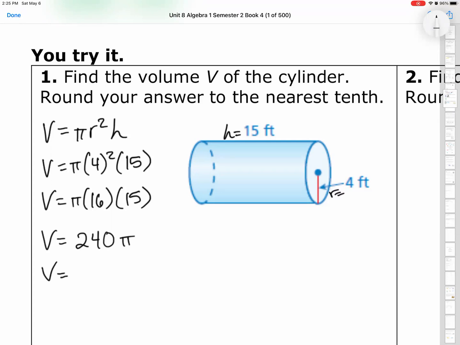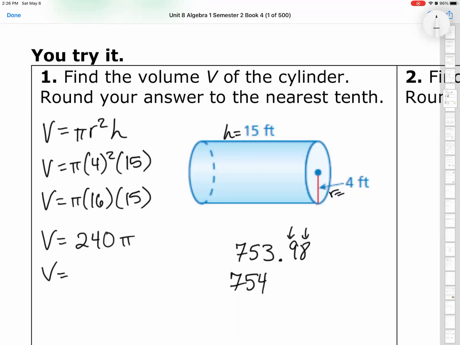And so as a result, this would be converted to a decimal. Now, it comes out to be like 753.98. But this 100th place is going to round our 10th place up. And since it's a 9, it actually creates that brand new integer 54 as a result.